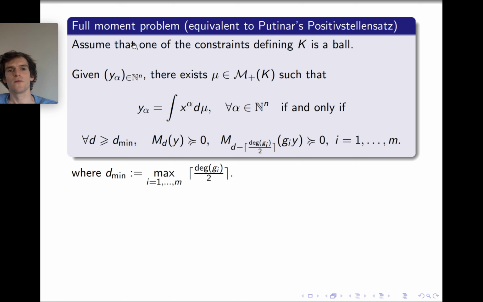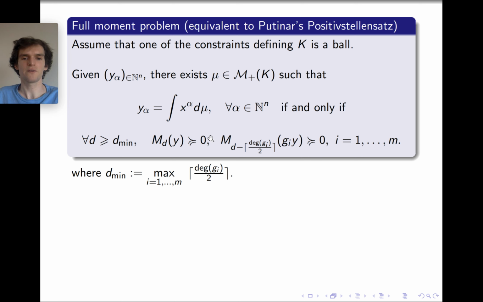And so what this is saying is that if one of the constraints defining K is a ball, then we have the following: given some real numbers that are multi-indexed, there exists a non-negative measure that represents these numbers, so that the numbers are actually the moments with respect to a measure.